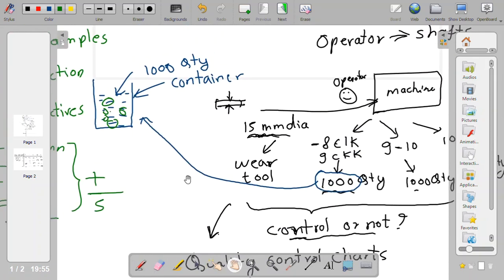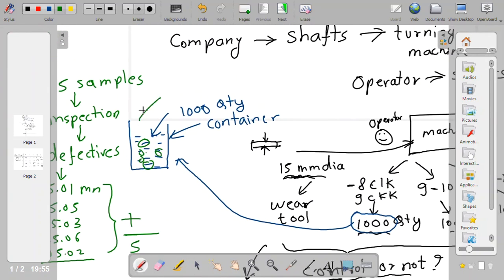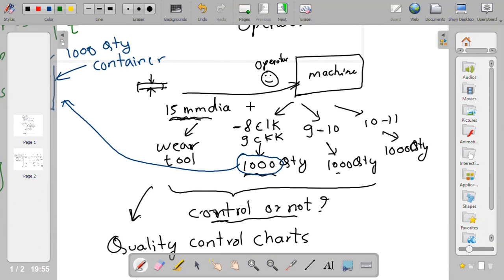This is the first container, which I'll just call a lot. Like that, different lots are there: first lot, then second lot, third lot.